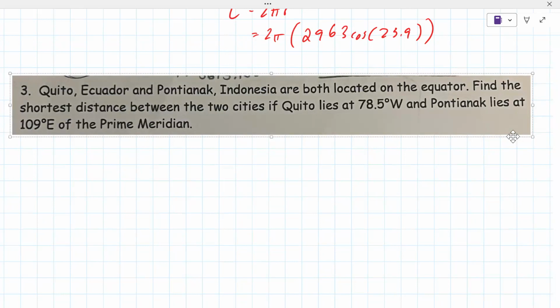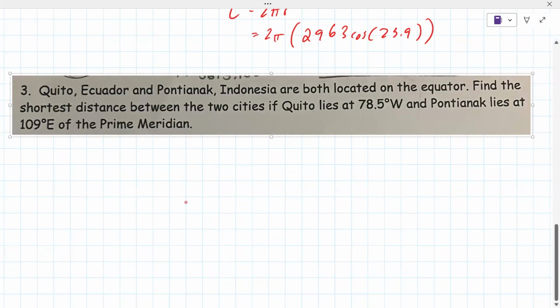Quito, Ecuador, and Indonesia are both located on the equator. Find the shortest distance between the two cities, if Quito lies at 78 degrees west and the other lies at 109 degrees east of the prime meridian.